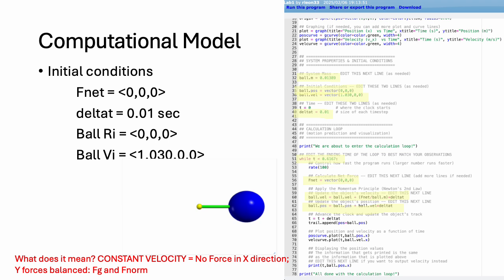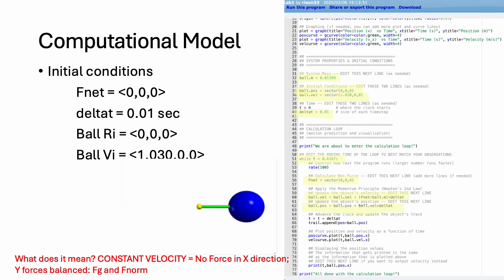For the computational model, we can see our code here. The ball's mass is set to 0.01389 kilograms as taken from the experimental weigh-in. We set the origin to 0, 0, 0, and velocity is taken from the experimental data, from the very first time frame of the 0.01 delta t, and we see that's 1.030 meters per second, and we expect it to continue at that rate as we go through the while loop, which is the same length as the experimental data.